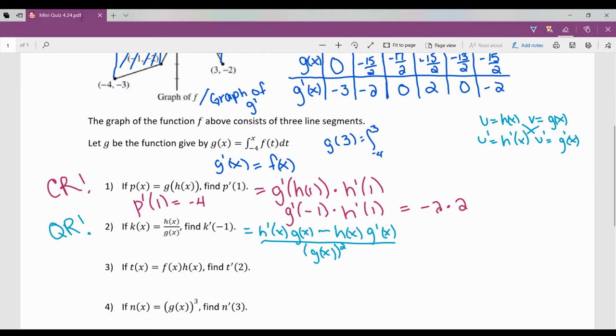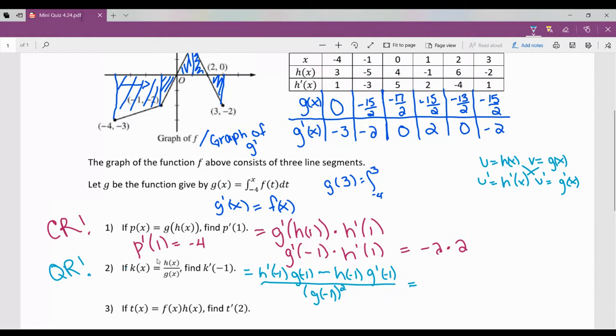Okay, so that is the quotient rule. Now, because we're evaluating it at negative 1, I'm going to just erase all these x's and replace them with a negative 1. All right, now that I have them all replaced with a negative 1, I'm going to go ahead and evaluate all of those. So we've got H prime of negative 1 is negative 3 times G of negative 1.